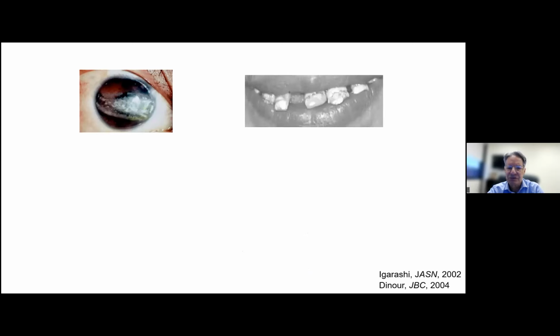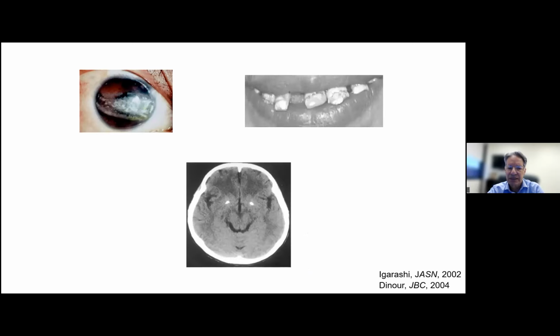These are her teeth. And you can see the calcifications here in the basal ganglia. So these cases were known for years and years until 2002, when Igarashi actually found out the genetic mutation that was going on in these patients.